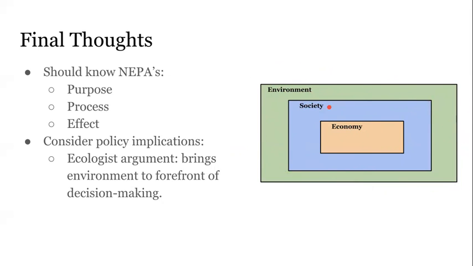And that's really an ecologist point of view, I would say, that the environment creates the outer constraints by which our society functions, and certainly by which our economy functions. And so NEPA really is about that. NEPA says that before we make decisions, and decisions that have direct economic implications, we really need to consider these environmental constraints, because we can really affect them.